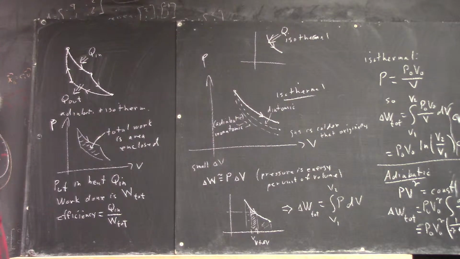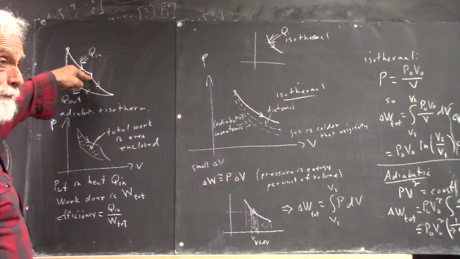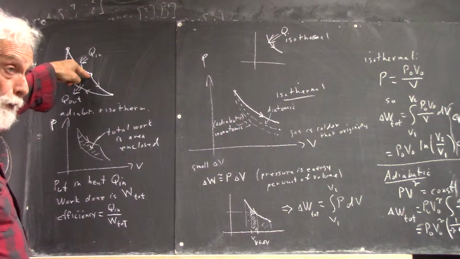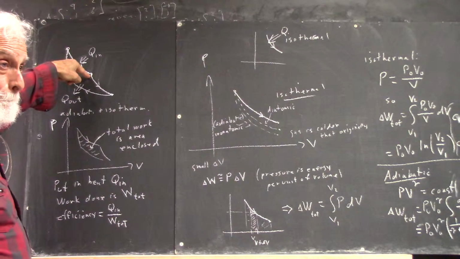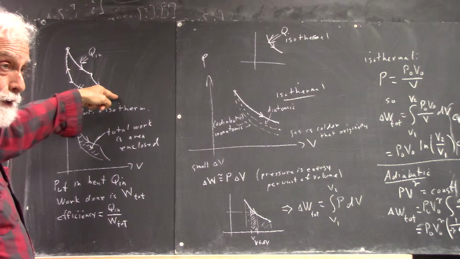Now, where is the temperature of this system greatest? Where the pressure is the least, or no, where the volume is the least, volume has something to do with it, pressure is the greatest. Okay, well, let's just compare this point with this point. How's the temperature here relate to the temperature here? Well, this is isothermal, so it's the same, right? Yeah. Now you're expanding, okay?